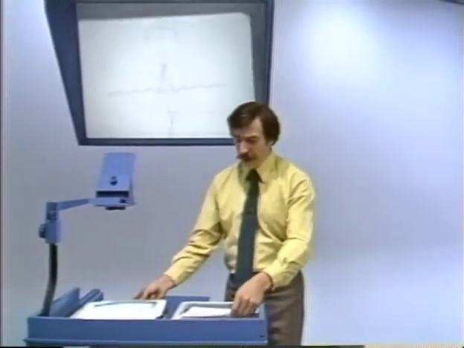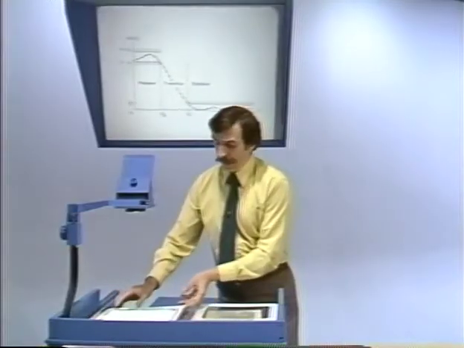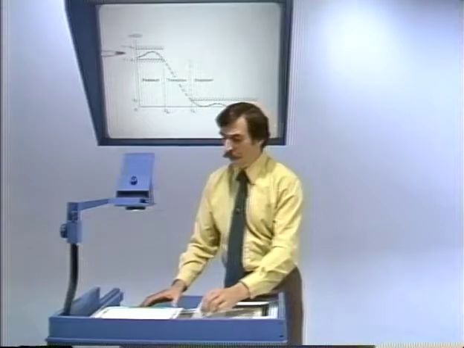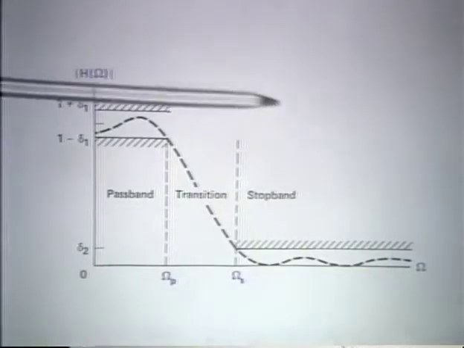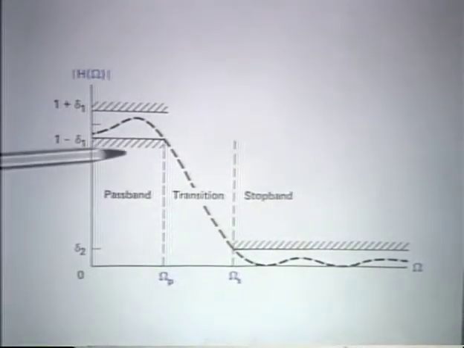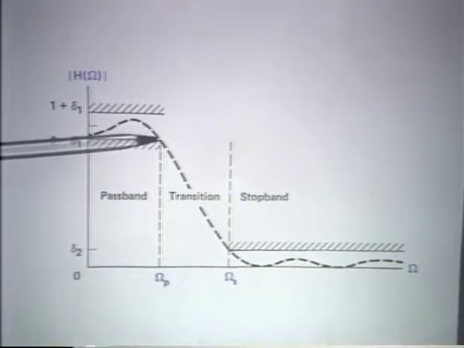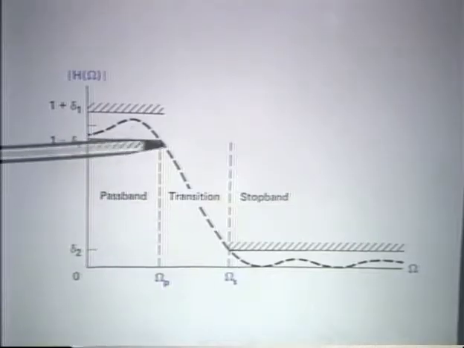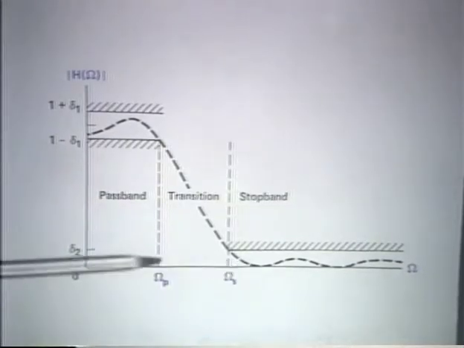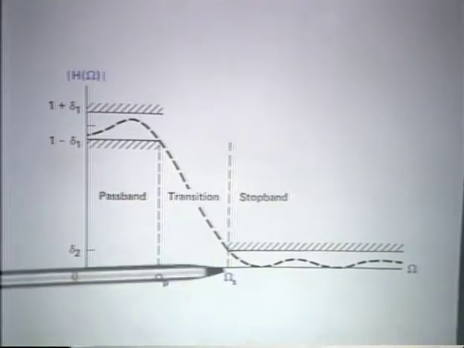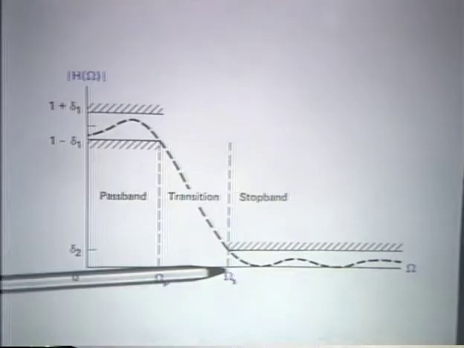So what that says is that in practice, although ideal filters are nice to think about and perhaps relate to practical problems, more typically what we consider are non-ideal filters. And in the discrete time case, a non-ideal filter then would have a characteristic somewhat like I've indicated here, where instead of a very rapid transition from passband to stopband, there would be a more gradual transition with a passband cutoff frequency and a stopband cutoff frequency.